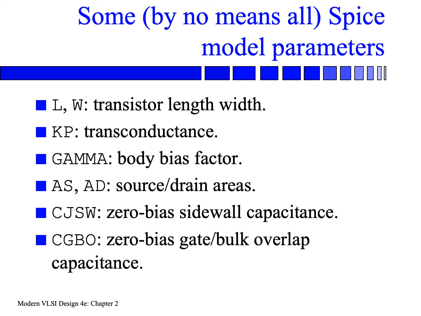CGSW is the zero-bias sidewall capacitance, and CGBO is the zero-bias gate overlap capacitance. If you are a really serious circuit designer, you have to understand all these parameters for each CMOS device. There's a whole bunch of information in the SPICE manuals. Here I just give you one example.